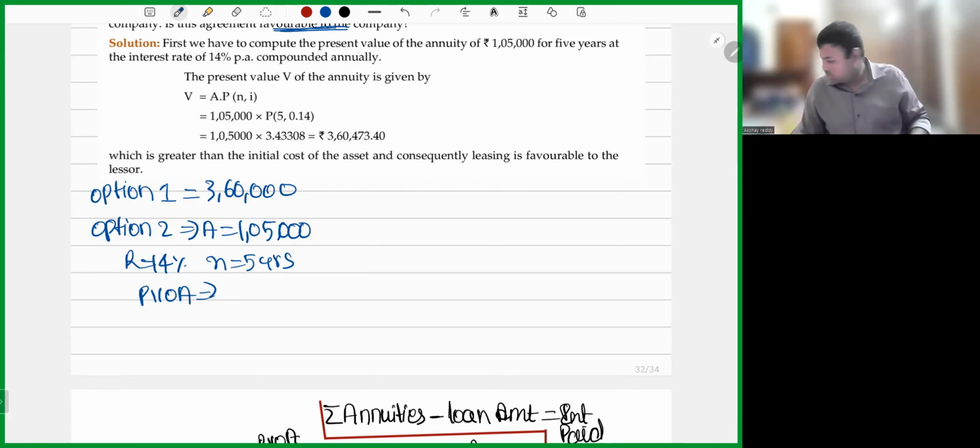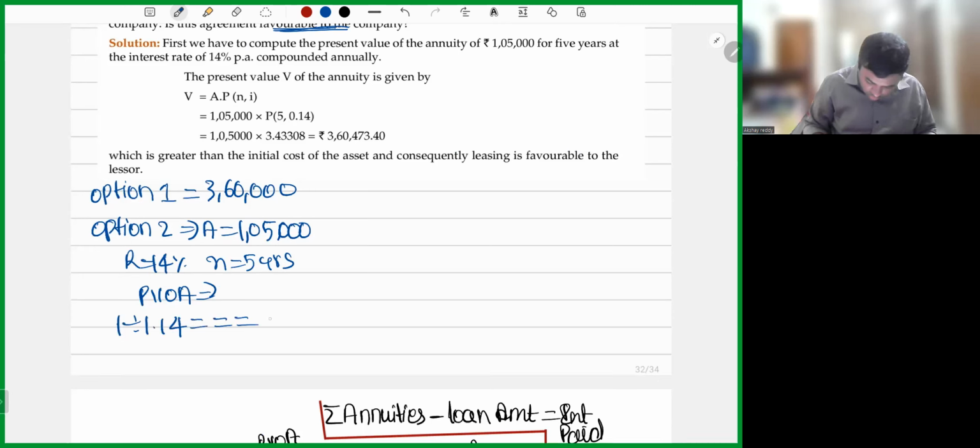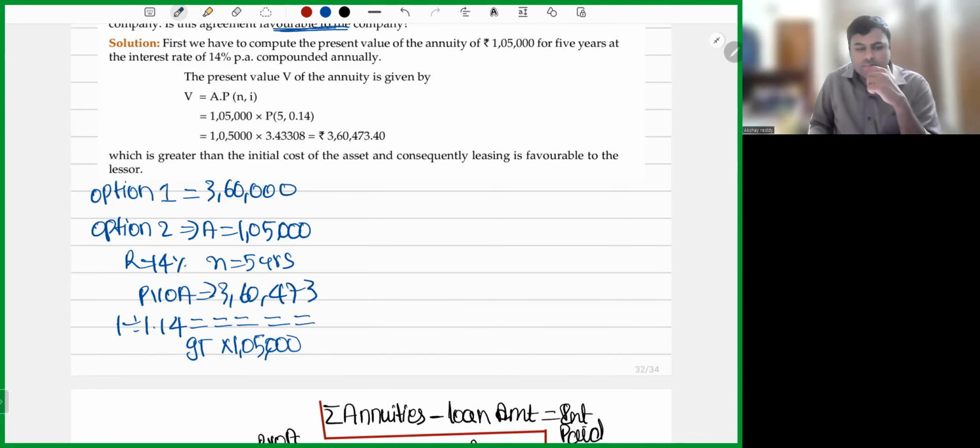How will you calculate? 1 divided by 1.14. 1 divided by 1.14, equal to the symbol, 1, 2, 3, 4, 5, times grand total, into 1,05,000. You have 3,60,473. Now what will you tell, sir? Option 1 is less, so it's better to go for option 1.